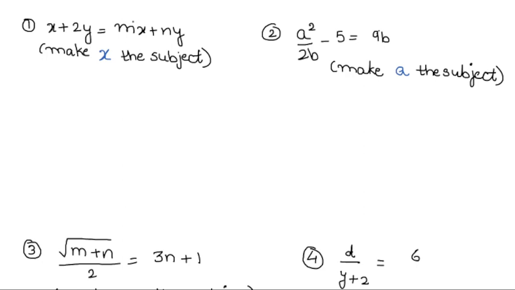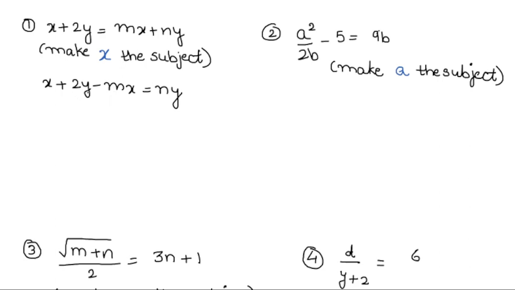So I am transposing mx from this side to this side of the equation. When I do that, mx, which is positive here, turns to negative mx, and I get x plus 2y minus mx is equal to ny.